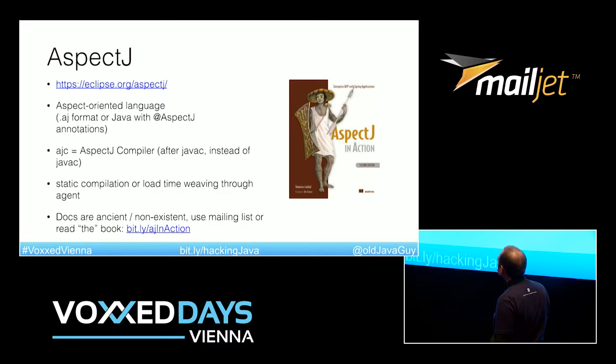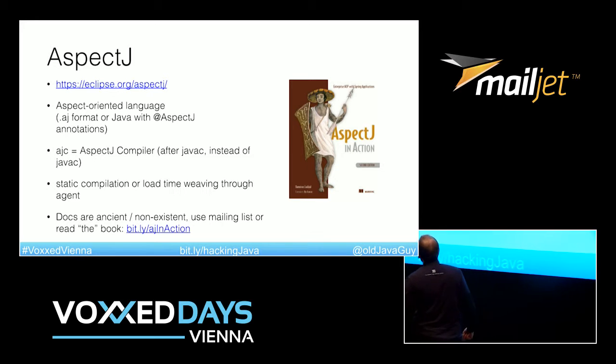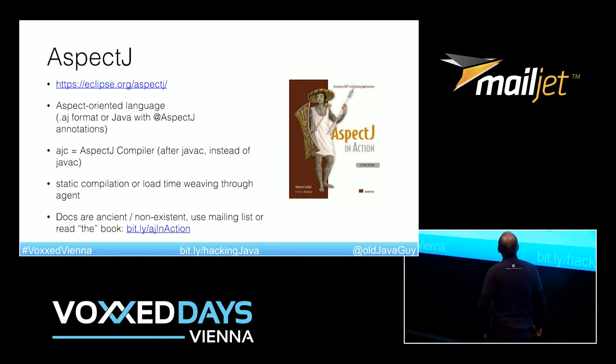You write your program first, and then you identify cross-cutting concerns that you weave into your program from the outside. It has its own proprietary format .aj, but some years ago they reinvented themselves using Java notation, where everything is based on annotation.